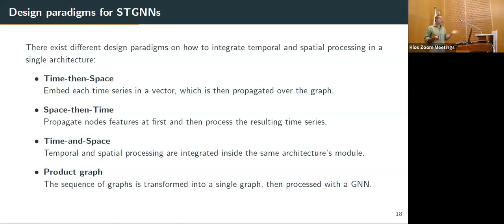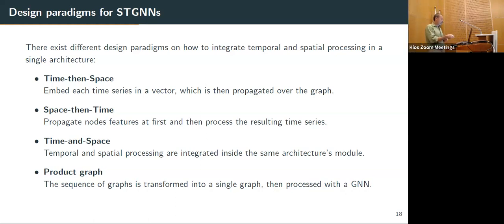How do we do that? There are four ways to process and generate the graph, which are intuitive in a way, and the last one is not, but let's have it. Time and space. If we have time and space, I do convolution over time, then a convolution over space, correct? So time then space.